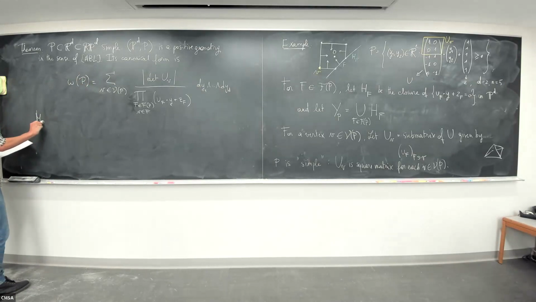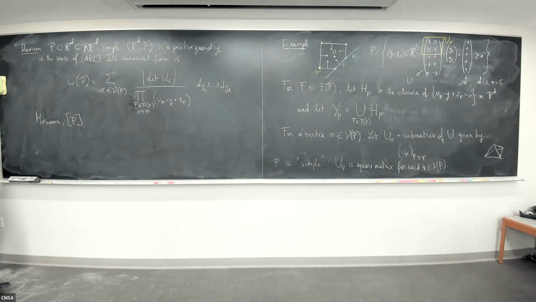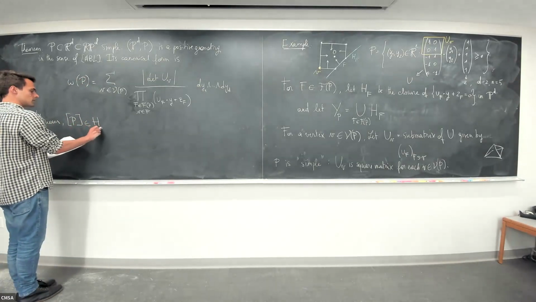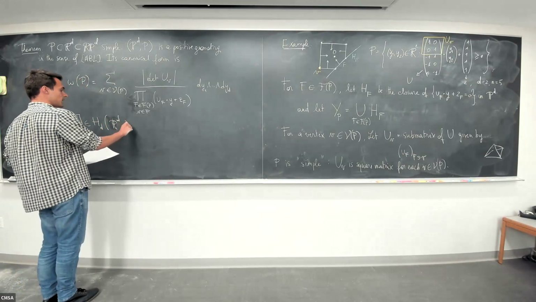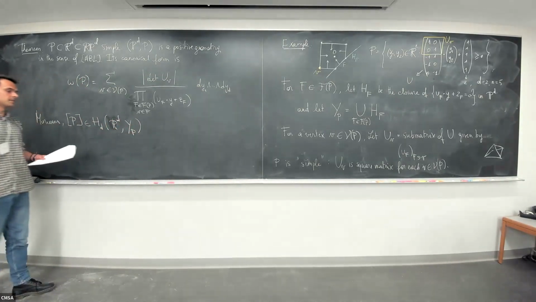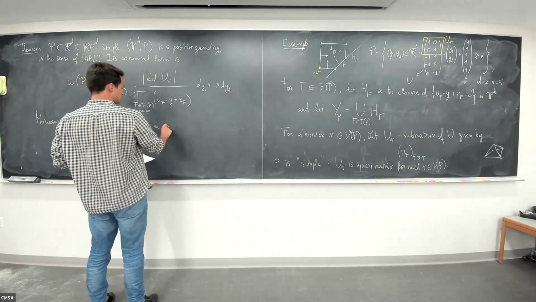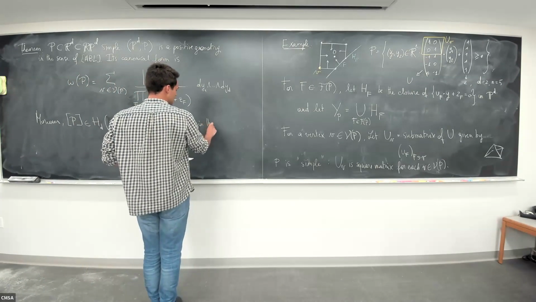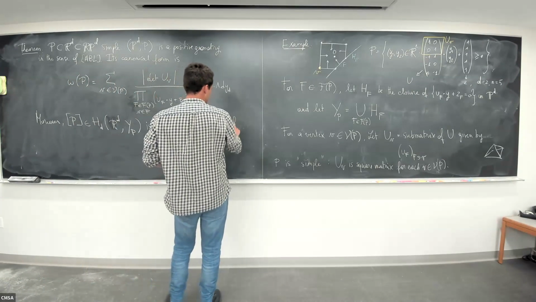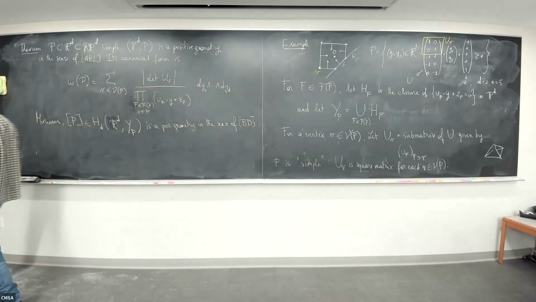Moreover, if you take the relative homology class of P, the genus 0 pair projective space comma the boundary of P, this is a positive geometry in the sense of what I called the BB definition.